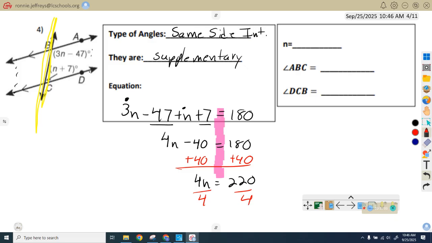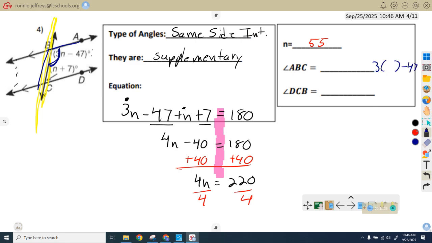So 220 divided by 4 is 55. Okay, now angle ABC, that's this angle here. This is 3n minus 47.